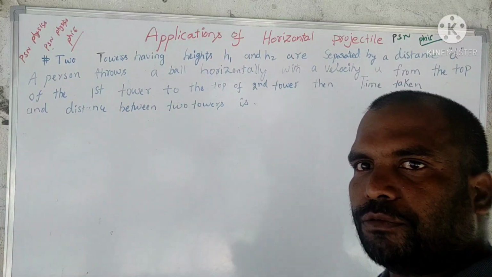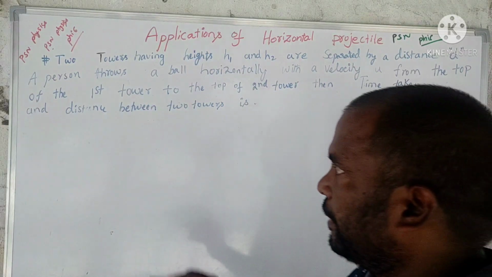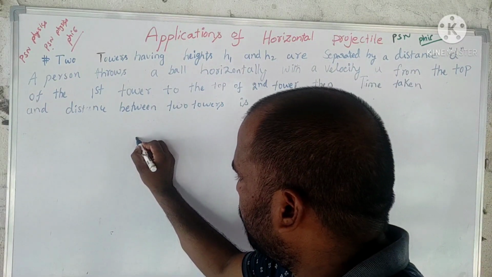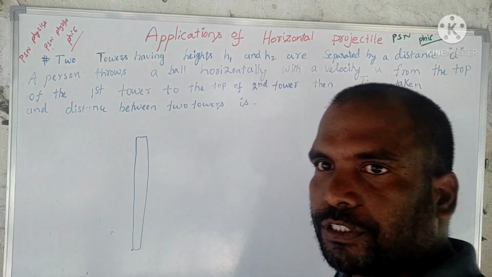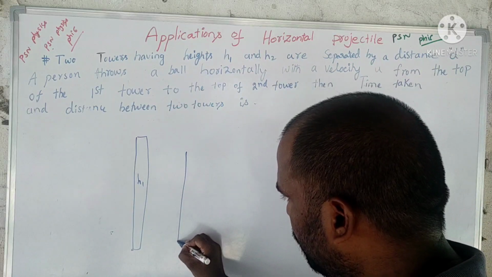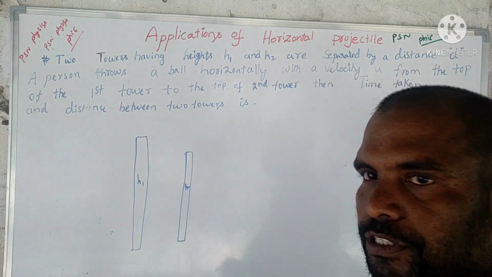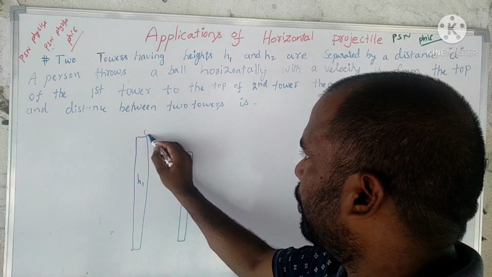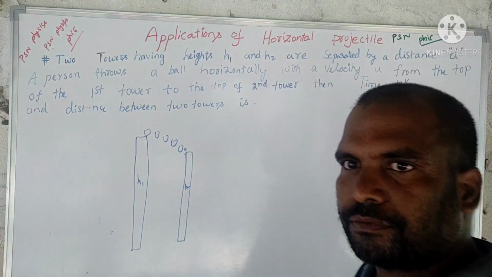First of all, to illustrate this application, we have to draw the diagram. Two towers have heights. First tower height is h1 and second tower height is h2. From the first tower, a person is throwing a ball, and the ball is reaching the other tower.